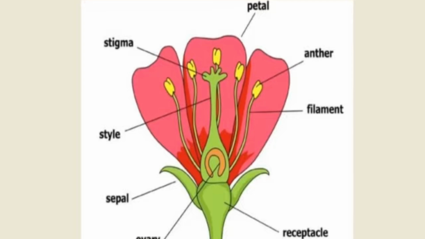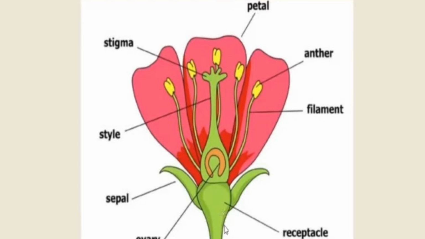Now, if we are talking about the parts of a typical flower, look here on the screen, we have a photograph of a flower. It's a section of a flower. You can take a flower from your surroundings and hold it in your hand and try to observe the different parts of it. Starting from the bottom, we have this stalk on which the flower is borne, and this stalk is called the pedicel.